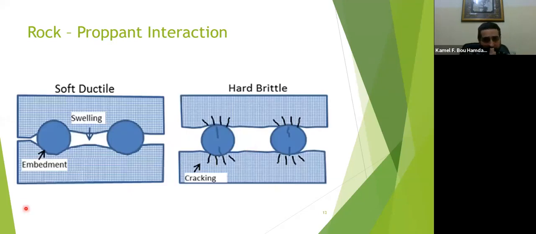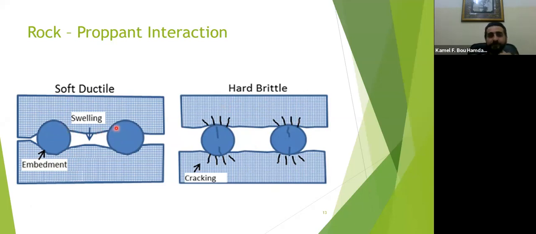Okay, let's look here again at the rocks, so the rock-proppant interaction. If we have a soft rock or ductile rock, and if we have a hard, brittle rock. If you have a soft one, you can see that we have a phenomenon called embedment. So the proppant itself is not really breaking down, but it's being embedded inside the rock itself.